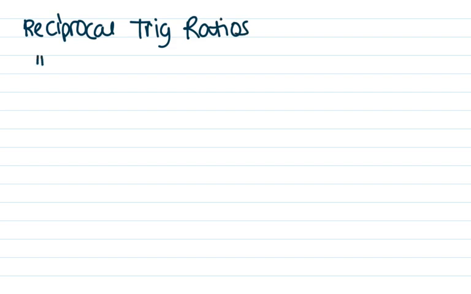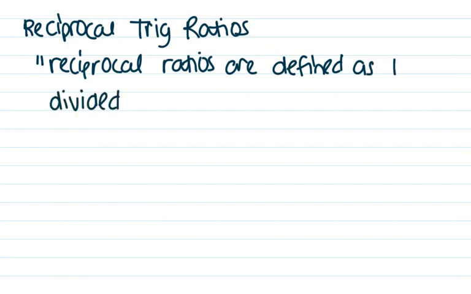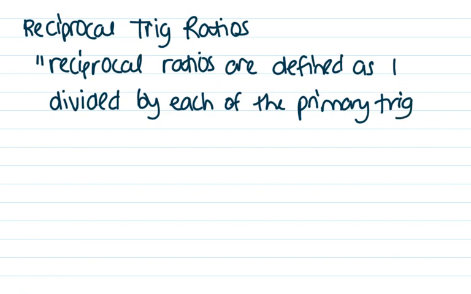The textbook definition is reciprocal ratios are defined as 1 divided by each of the primary trig ratios. So there are 3 reciprocal trig ratios, and they're just the reciprocals of sine, cos, and tan.